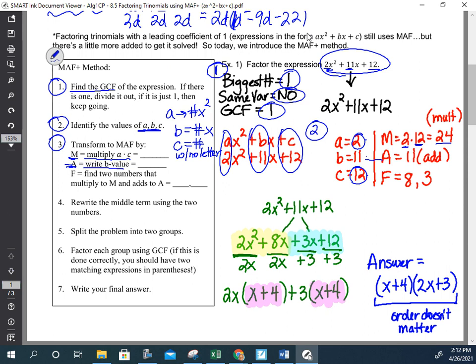So B is 11. So the add value is 11. So we know the M and we know the A. F is still the same. Find 2 numbers that multiply to 24 and add to 11. 8 and 3. 8 times 3 is 24. 8 plus 3 is 11. That's step 3.